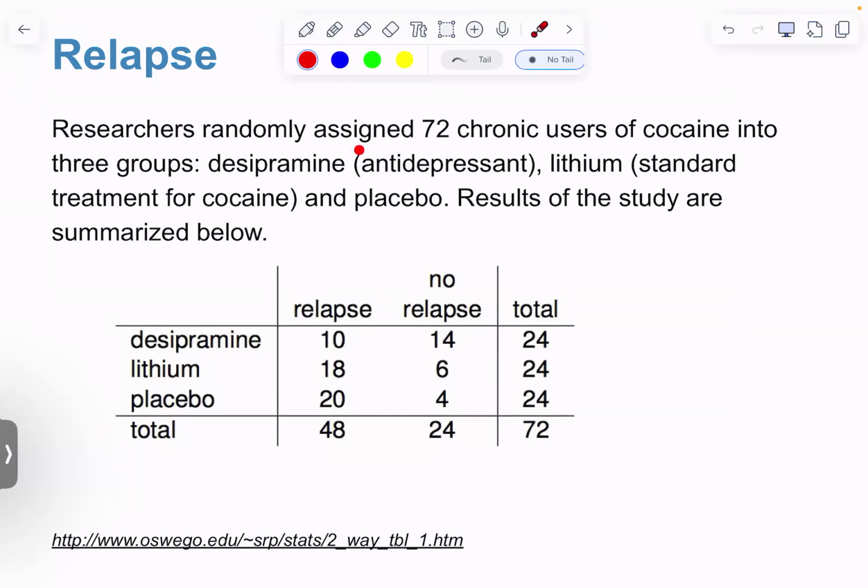So researchers randomly assigned 72 chronic users of cocaine into 3 groups: desipramine, which I never know how to say, an antidepressant; lithium, which is the standard treatment for cocaine; and then placebo. Placebo, of course, is just a sugar pill, and you tell the patient, here's this miracle cure, you're going to feel so much better.